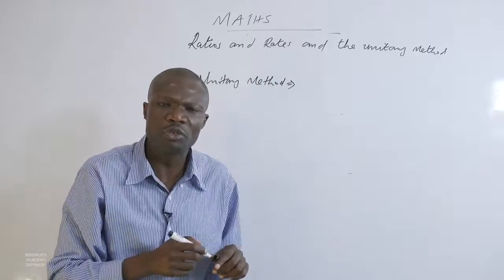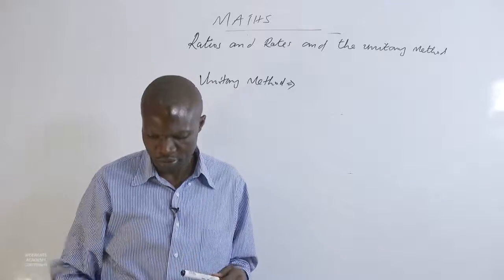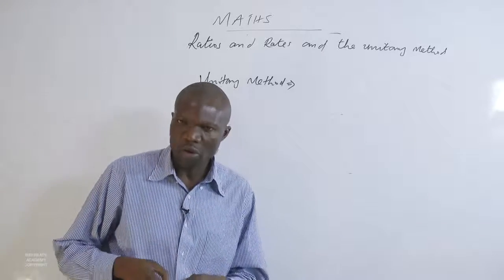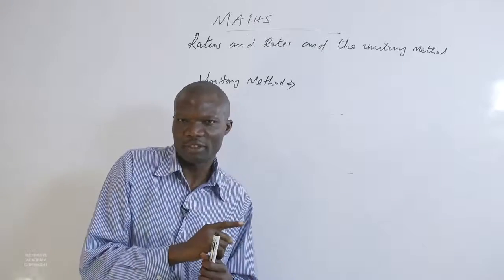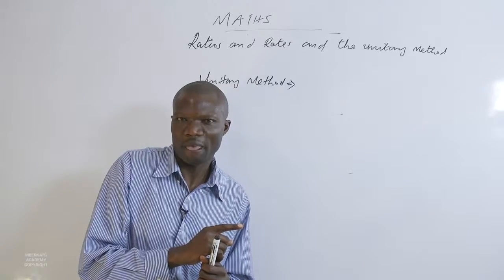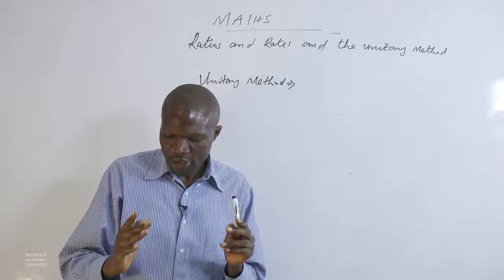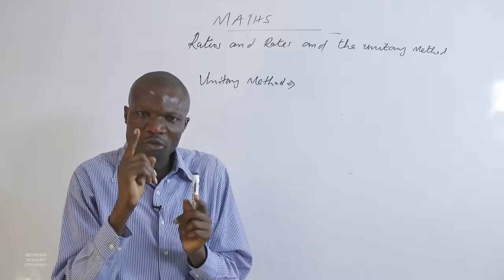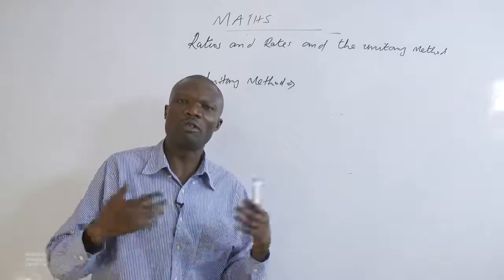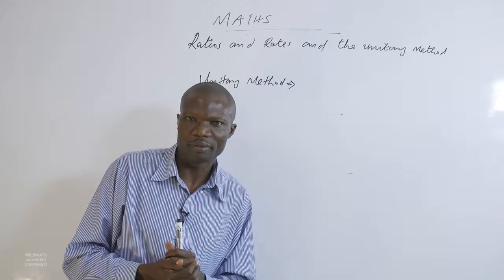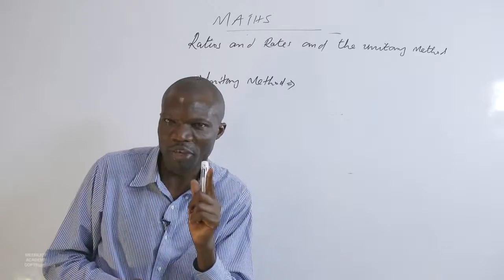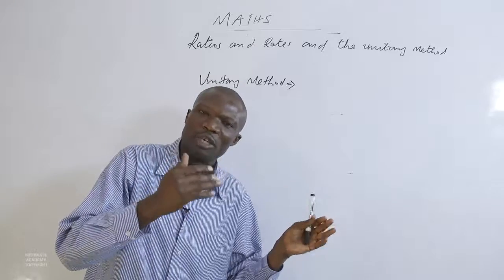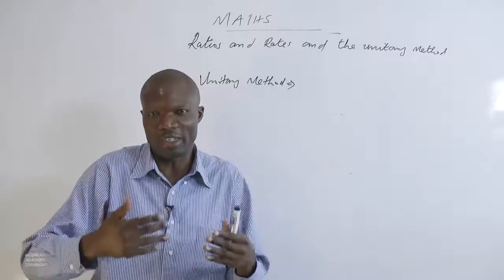It involves finding the value of 1 unit, right? Then, using the information of that value of 1 unit to solve the problem. Find the value of 1 unit, then use that information to solve the problem.